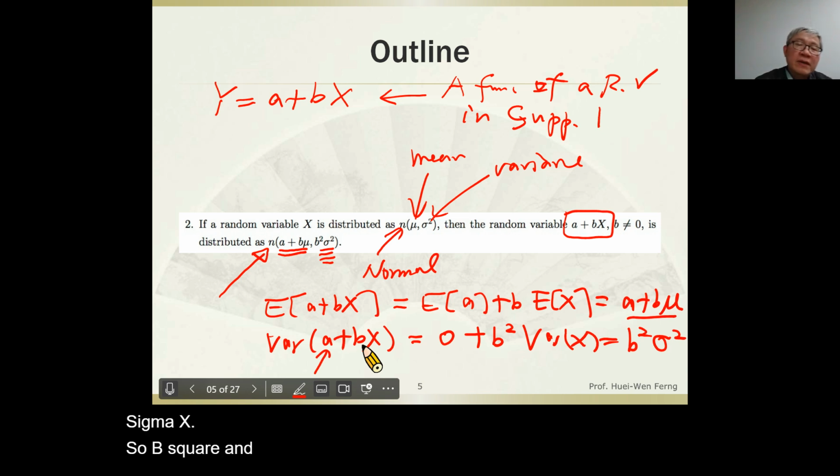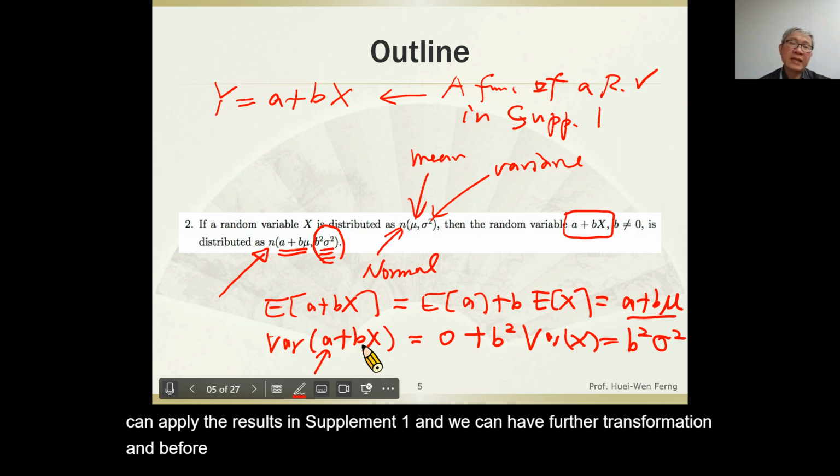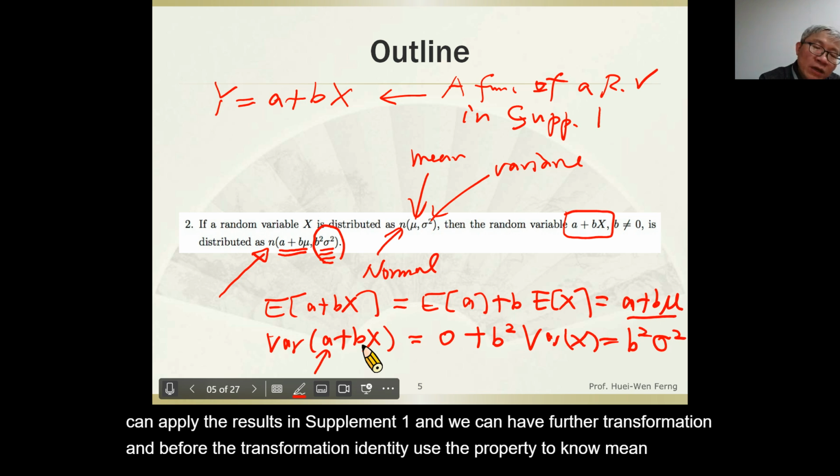Therefore, this one can apply the results in supplement 1, and we can have the transformation.